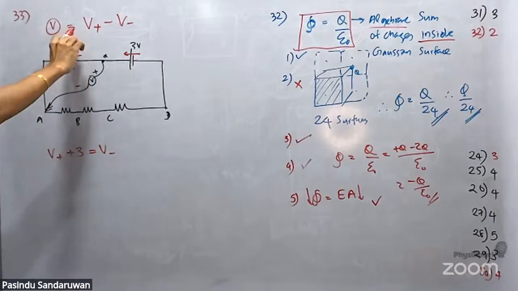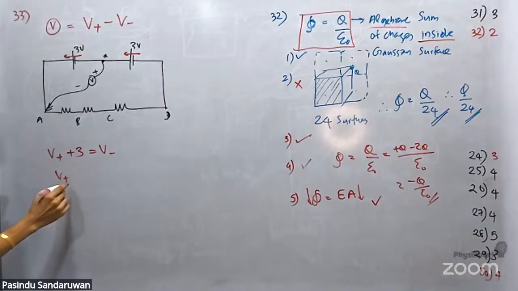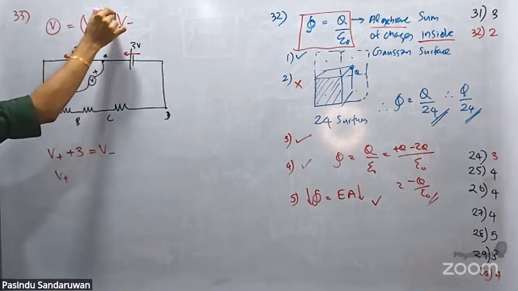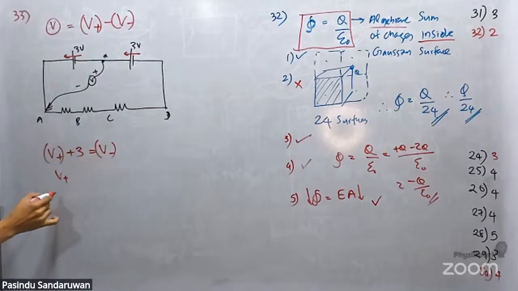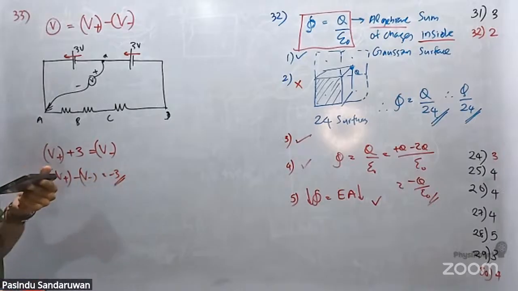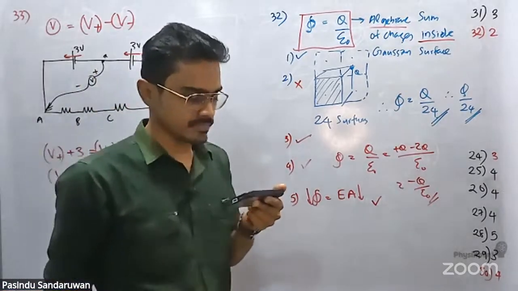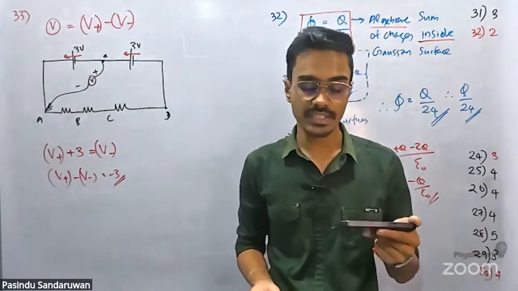I need the difference between V plus and V minus. V plus is a notation symbol. Then V plus minus V minus equals minus 3. So the first reading is minus 3. Very straightforward. There is only one answer with minus 3.